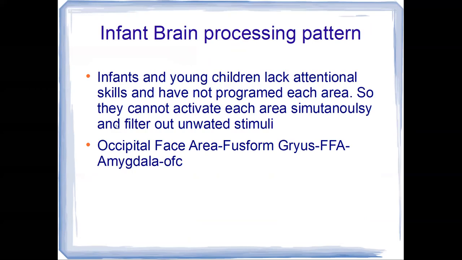So an example would be, you'd program the occipital face area, and then you'd program the patterns and schemas of facial expressions, which then could be tied to an emotion, and the amygdala, and then you'd start learning social rules and storing them and being able to use all that information and assess it for tasks like mentalizing or theory of mind. But it all builds upon one another, and so infants can't filter out, I don't think, unwanted sensory stimuli.